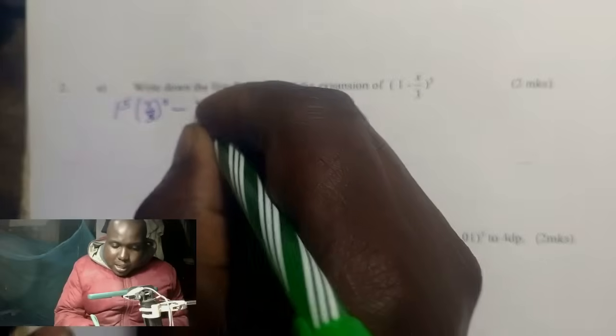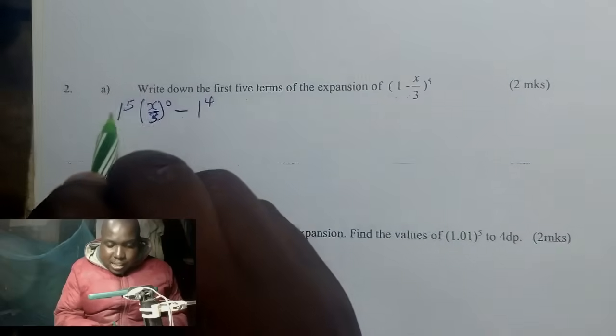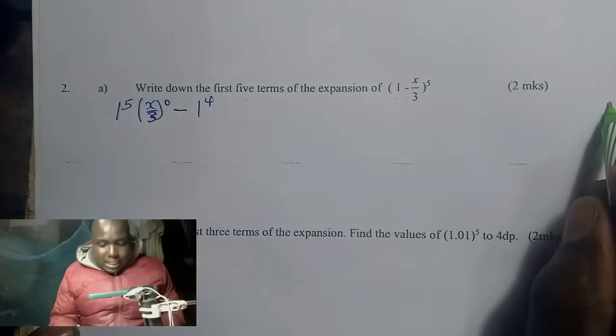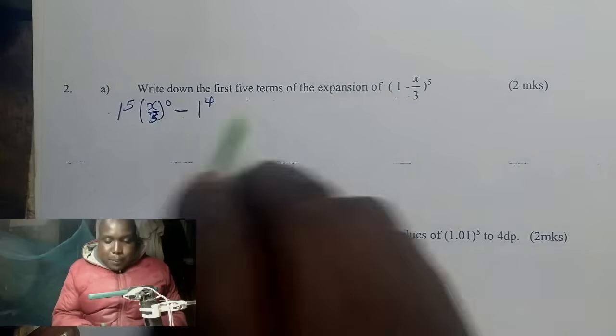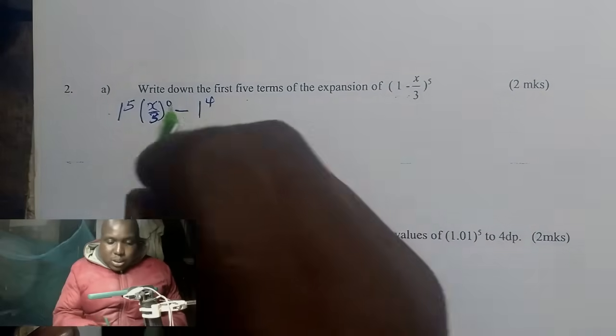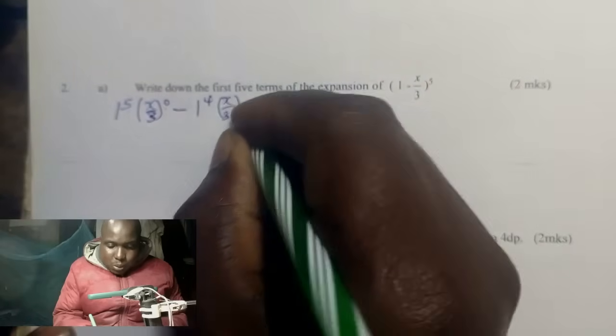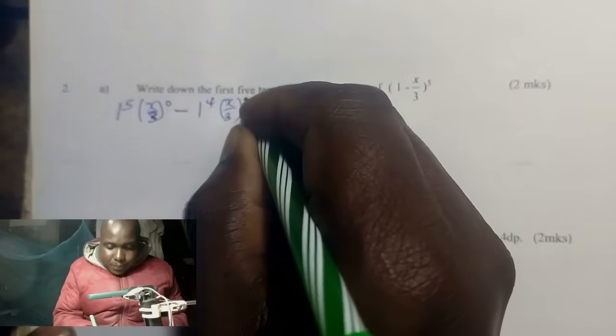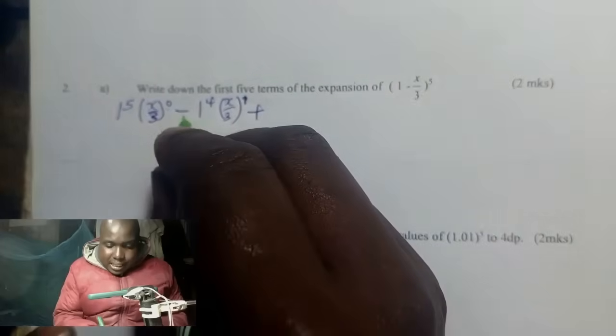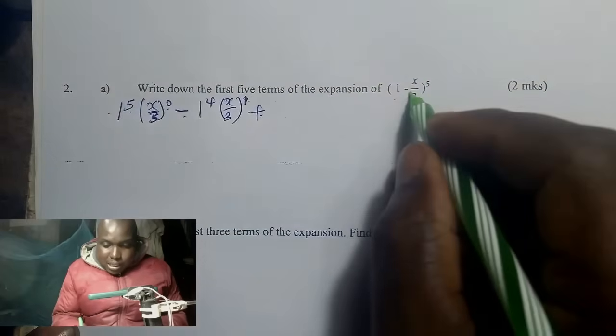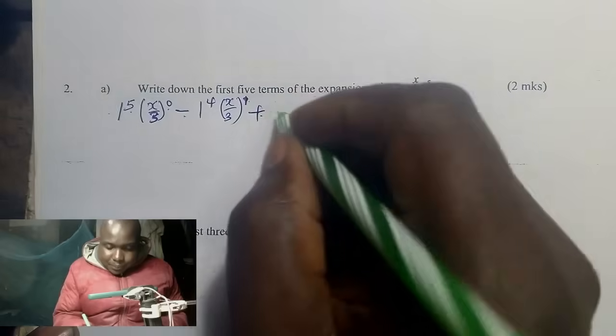So we are going to have 1 raised to power 4 now. The first term's power decreases to the right, the second term's increases to the right, so we start with 0 and 5, 4, so the second term will be x over 3 raised to power 1, with a negative because it is minus.